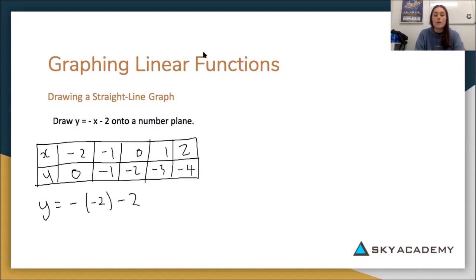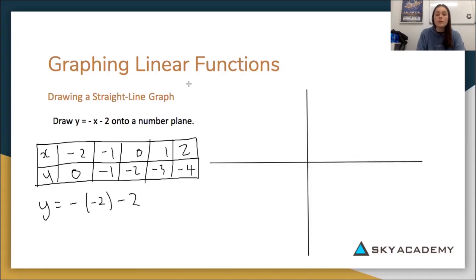We can draw up a number plane. And hopefully you're sick of hearing me say it, but x is independent, so it's horizontal. y is dependent, so it's vertical. And now we need to put on our scale. So we have -2, -1, 0, 1, 2.